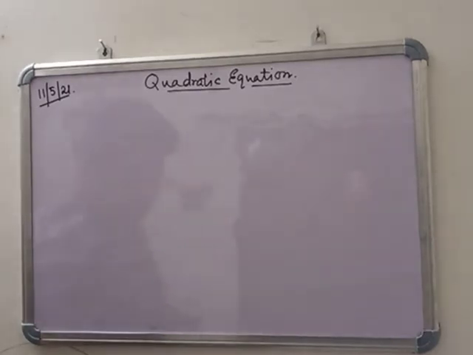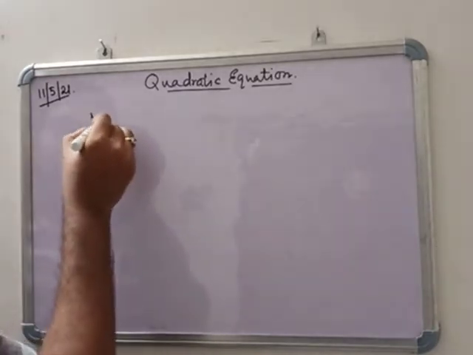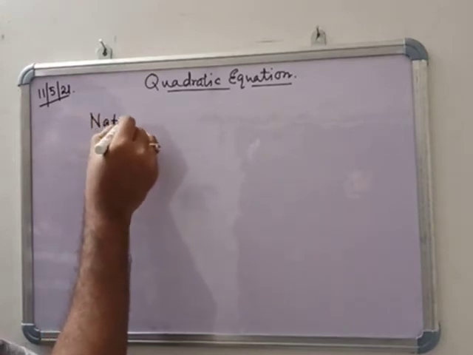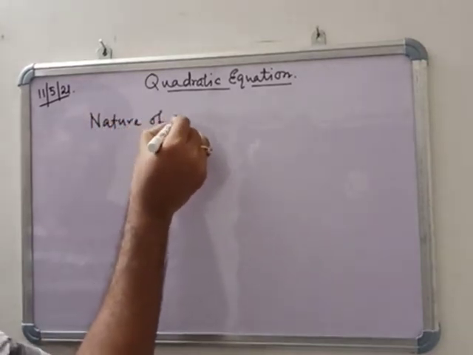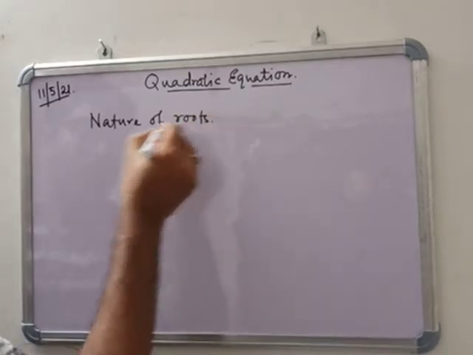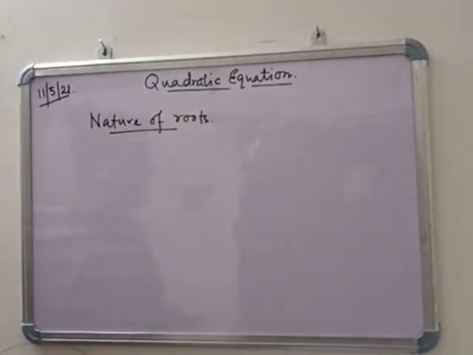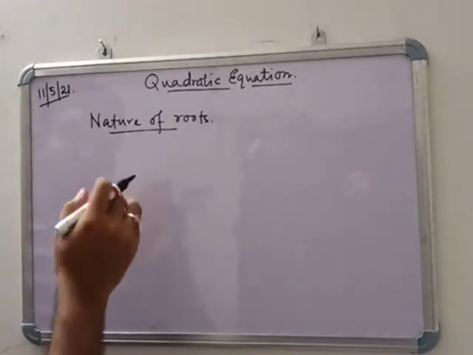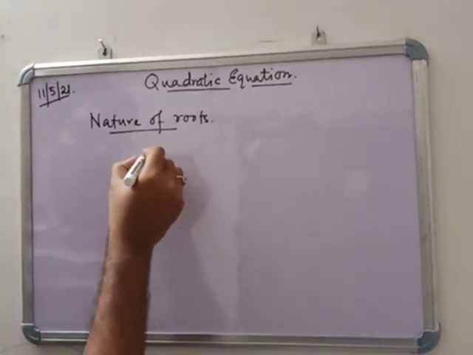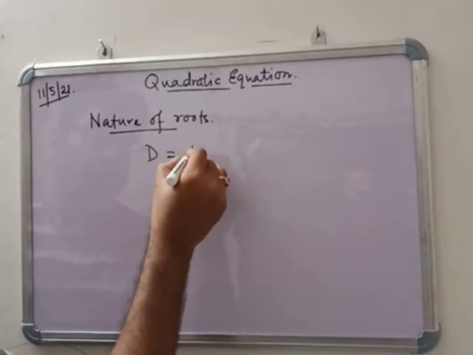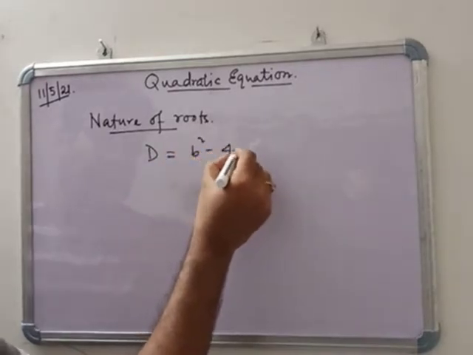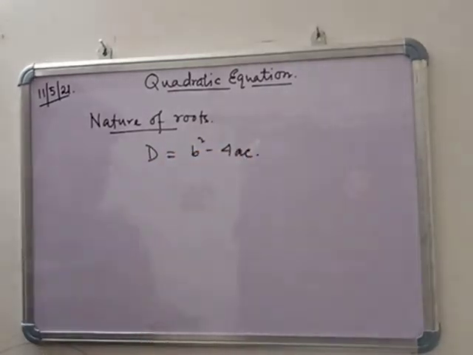Today we are going to discuss the nature of roots of a quadratic equation. So what is the nature of the roots? The nature of the roots is determined by the form D equals b square minus 4ac.